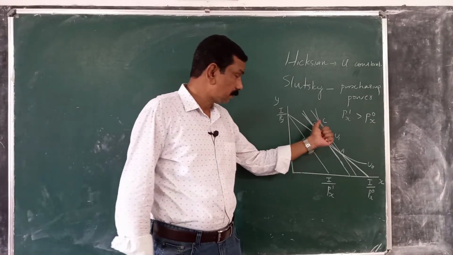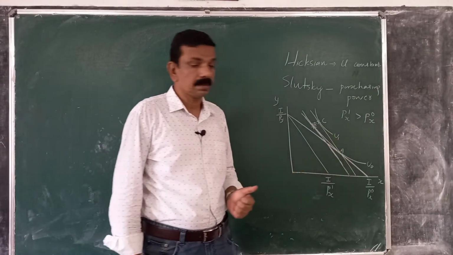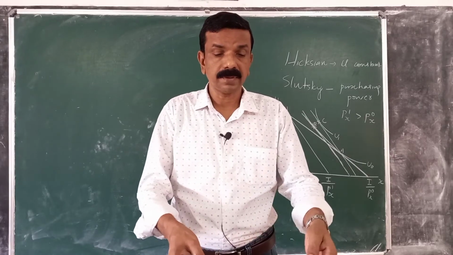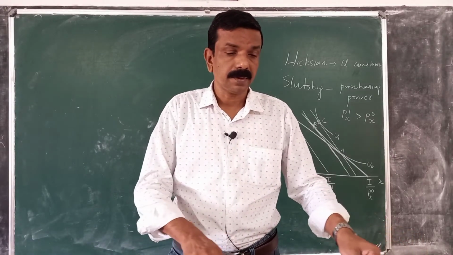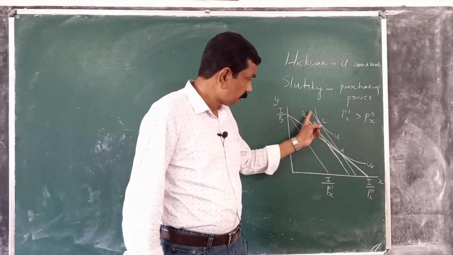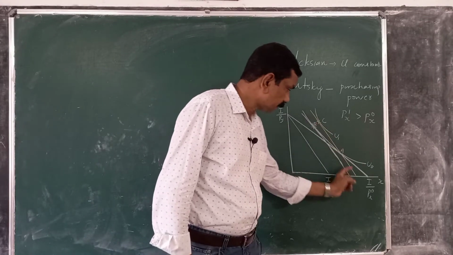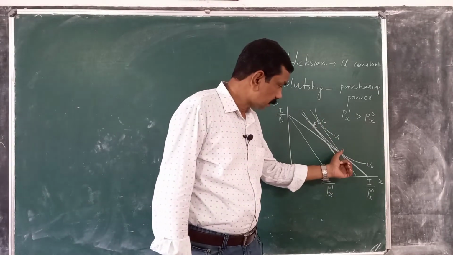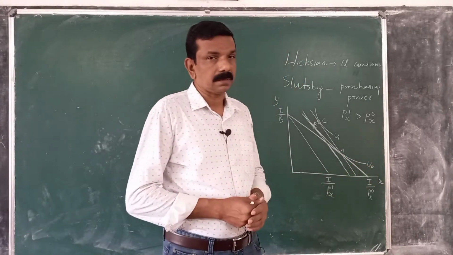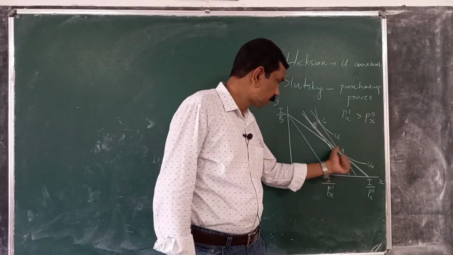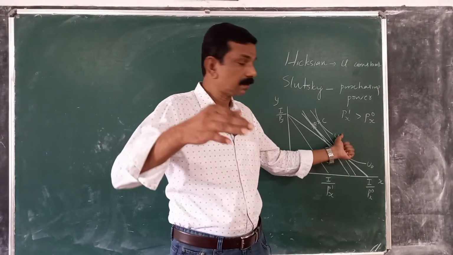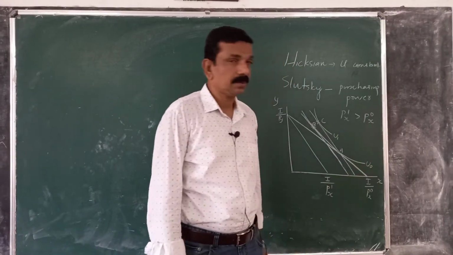And Slutsky's substitution involves a movement to a higher level of satisfaction. If you compare these two, you will see that the compensated budget line in the Slutsky's case intersects or cuts the original indifference curve, so that substitution results in a movement to a higher indifference curve U1 instead of U0.